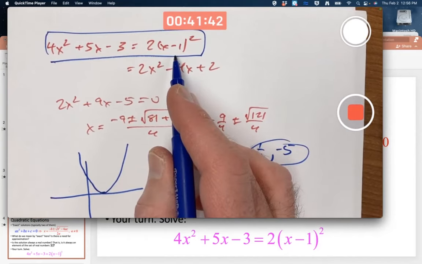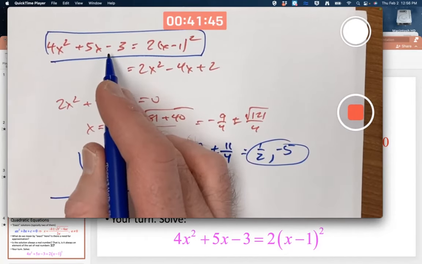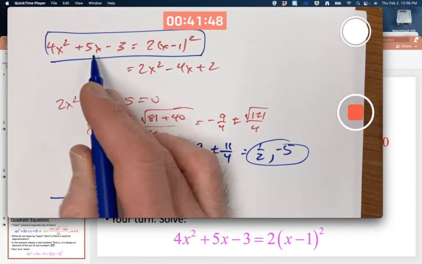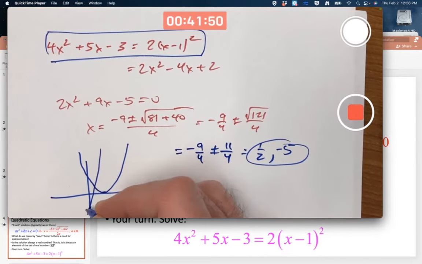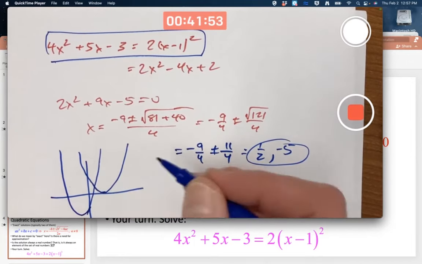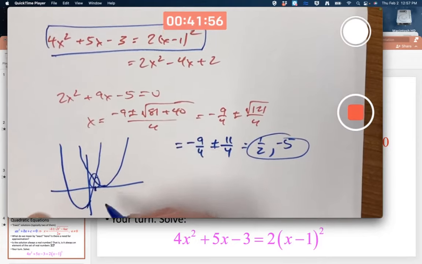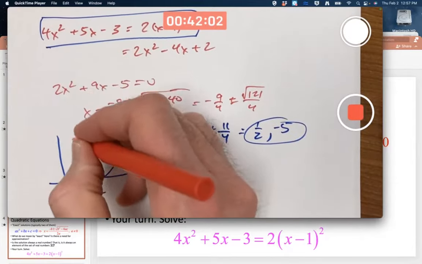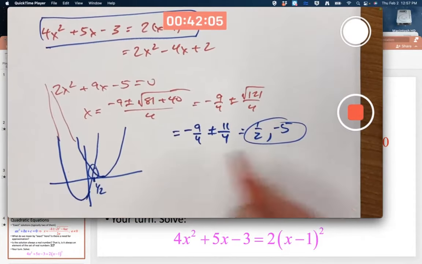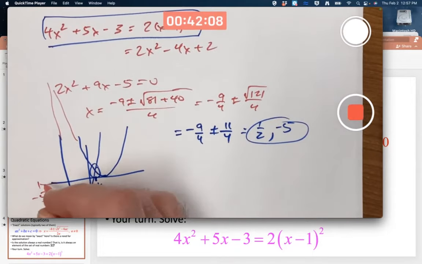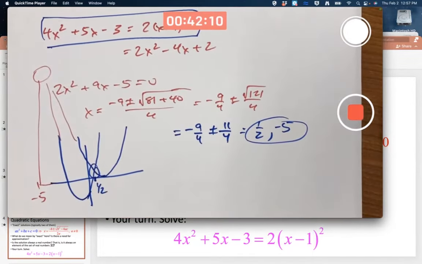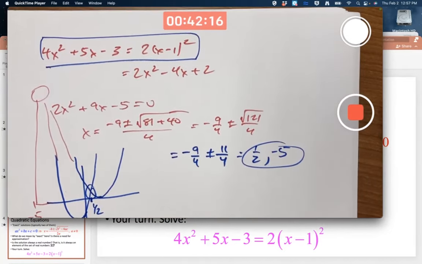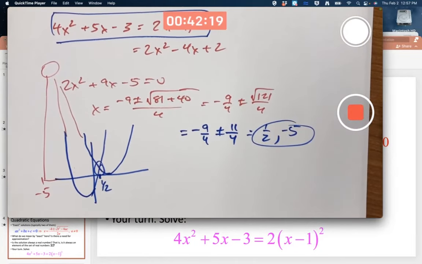When x is 1, this is 0. This other one has a y-intercept of -3. It's going to look something like this for the other one, skinnier. That must be 1/2 right there. And they must intersect way over here somewhere at x equals -5. Somewhere up there, they intersect. Okay, I just picked that example randomly, and it turned out they had rational solutions. I wasn't expecting it, but it's kind of nice that it happened.